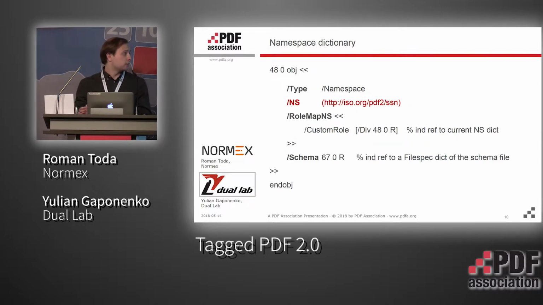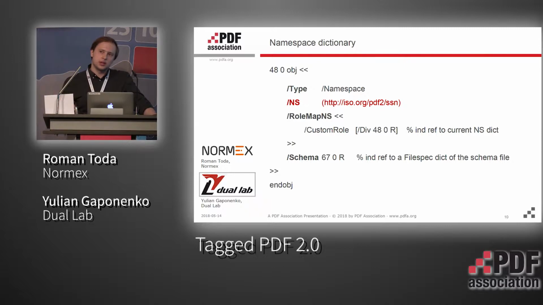Here is how it looks. First is of course the Type entry. It's optional, and if it's present it shall be Namespace. Then the only required entry, that is NS, and its main role is to serve as an identifier. It's the name of the namespace, and as a common practice it should be a URI.